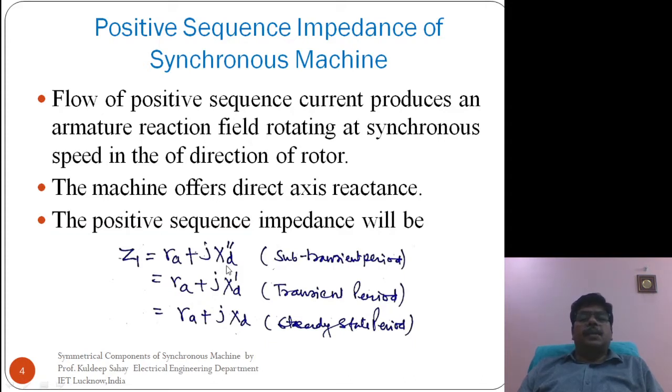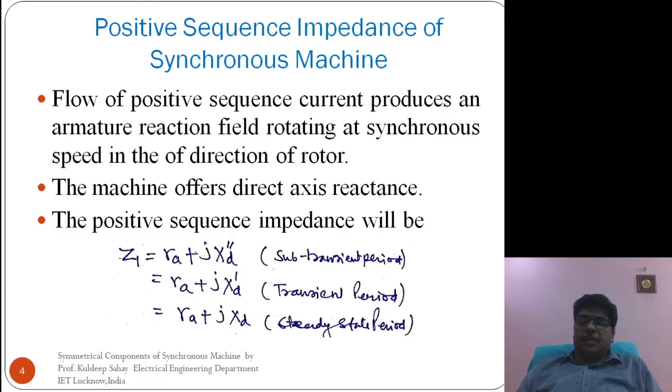Here XD double dash means sub-transient reactance, XD dash transient reactance and XD steady state reactance. If RA is assumed to be negligible, then Z1 will be jXD double dash or jXD dash or jXD.